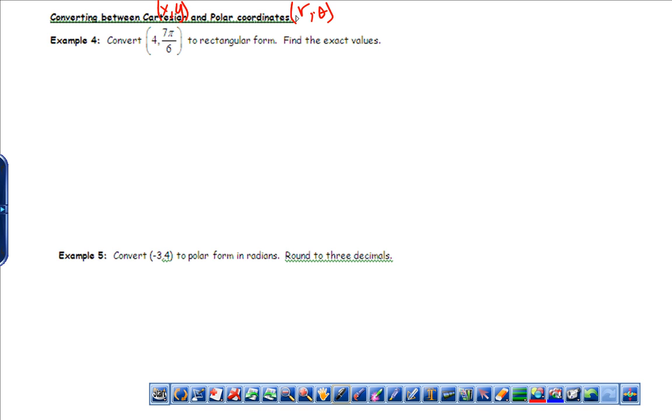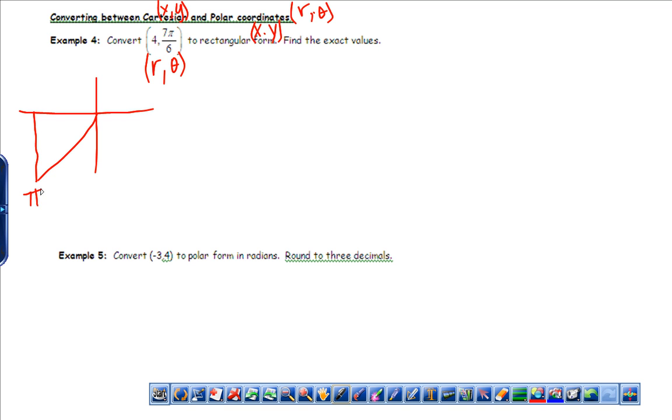Okay, so the first thing that I would do is plot this how we know how to plot it. So this is our R comma theta, because we're going to rectangular, and rectangular, remember, is XY. So we want to go to that form. So I'm going to plot the 7 pi over 6. And 7 pi over 6 is over here in this quadrant.